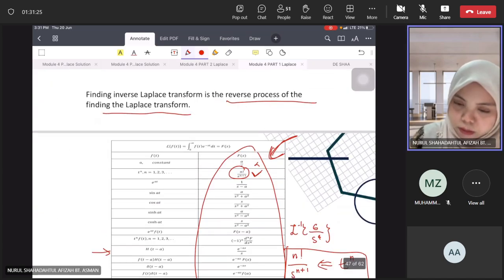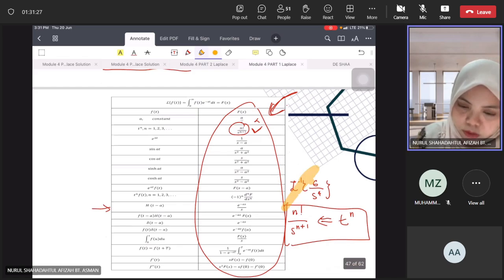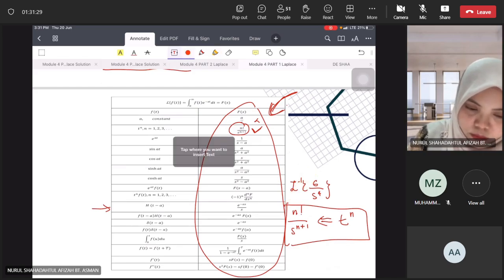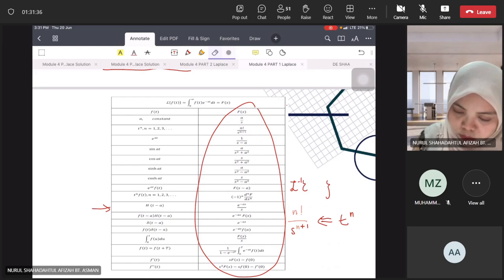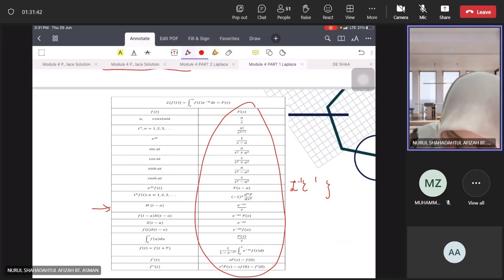On the next example, next example is 1 over s minus 4. We need to find the inverse Laplace. So same method. We look from here, 1 over s minus 4.